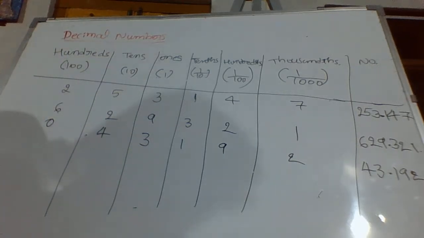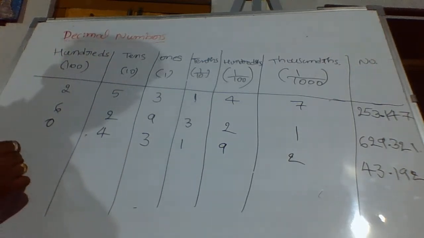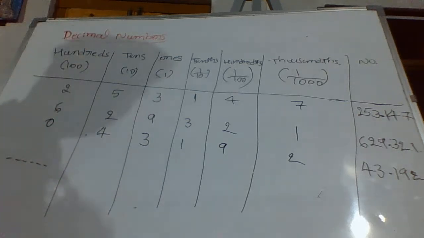So now in the next example, meaning in the fourth row, they have not given the hundreds position. Here they have not given the hundreds position, and in the tens position they have given 1, and in the ones position they have given 4.